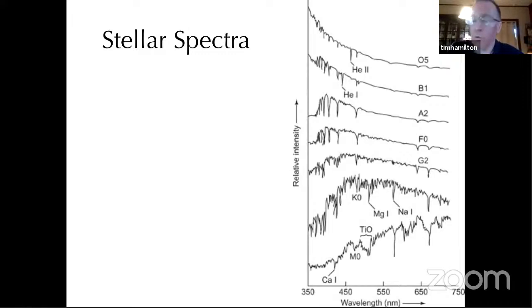Then we get a lot of absorption on the blue side of that, and that makes the star a little bit redder as a result, because there's simply less blue that makes it through. When we get down to the cooler stars, we get molecular lines that show up. The stars themselves have a redder continuum, and they have a lot more absorption as well. We also get a distinctive absorption at 4,000 angstroms or 400 nanometers from the K and H lines of calcium.